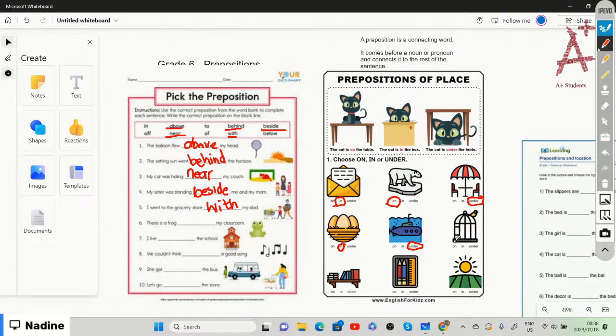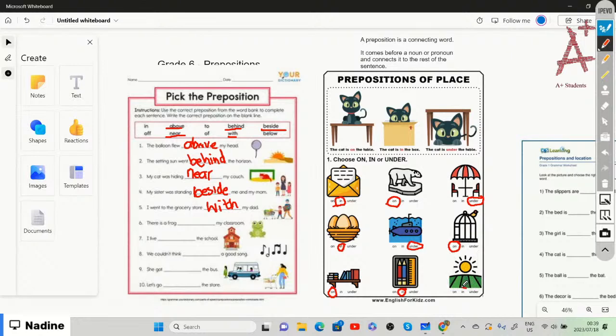The bird is on the cage. The books are on the shelf, right? The pencils and ruler are in the pencil case. And the sun, right? Is it on, in, or under?